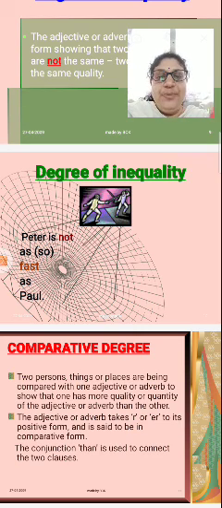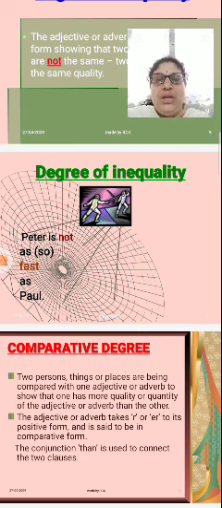So here in this, fast comes as the adjective, because it is showing inequality between Peter and Paul.